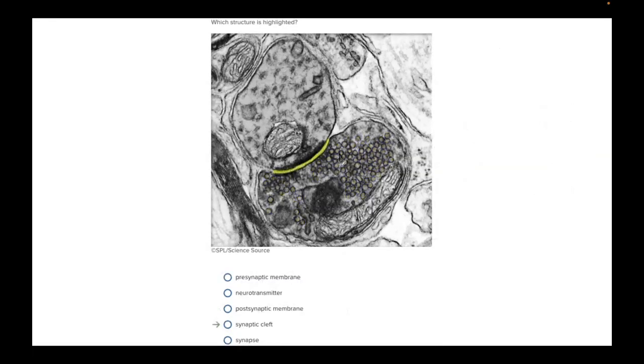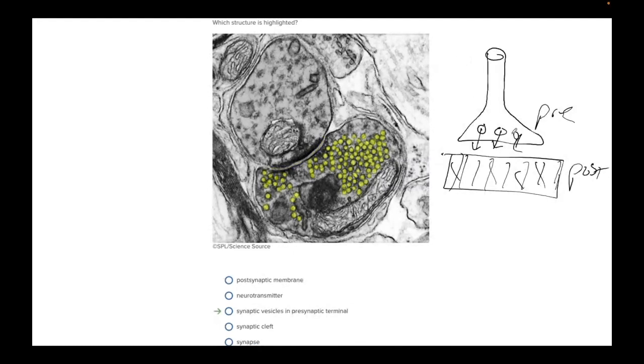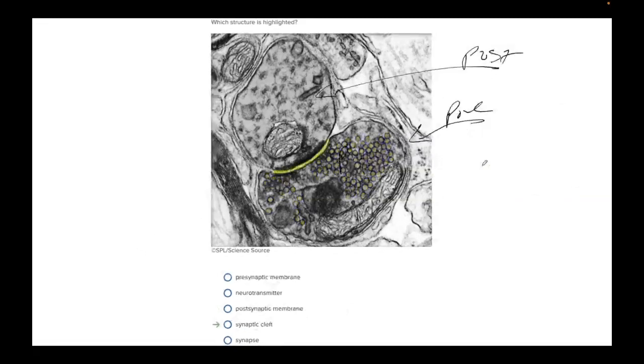This is presynaptic, this side here is postsynaptic, and the space in between is the synaptic cleft. So that yellow structure right in between is the synaptic cleft.